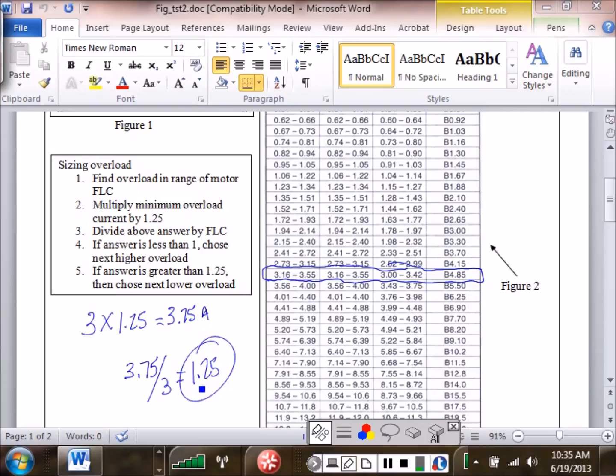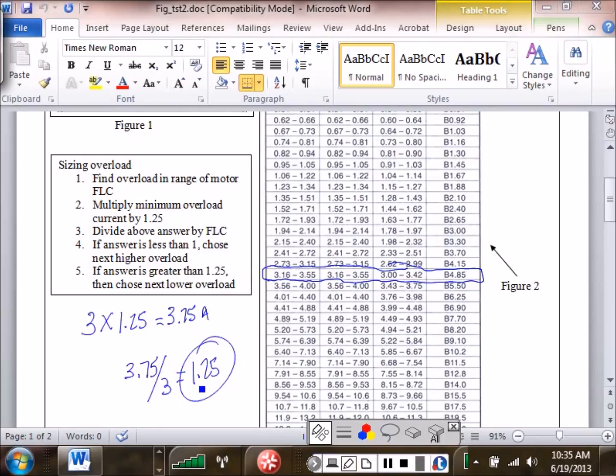If it's greater than 1.25, it means I've exceeded what NEC says I can do. So if it's less than 1, I go to the next higher. If it's greater than 1.25, I go to the next lower. That means I'm getting more than 125%.